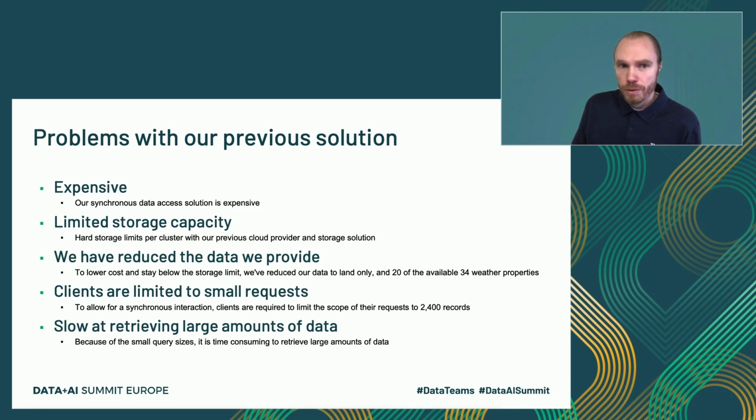And with those two restrictions, we had to reduce the data we provide to only 20 of the 34 available weather properties. Additionally, because of that synchronous interaction, clients were required to limit the scope of their queries so they would get small amounts of data for each individual query. With those small queries, it took many queries and quite a lot of time to retrieve large amounts of data.